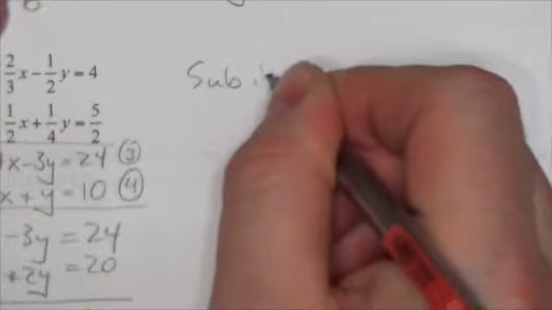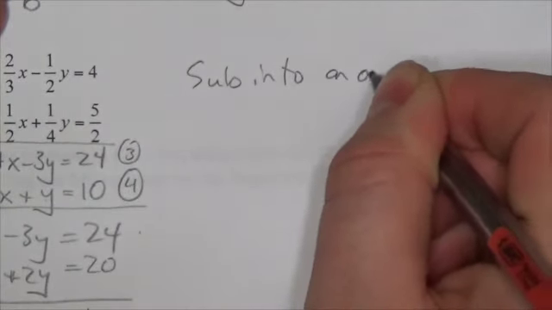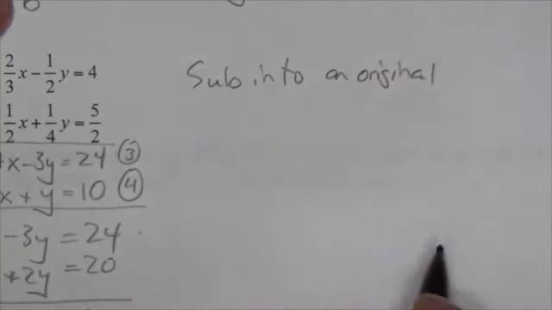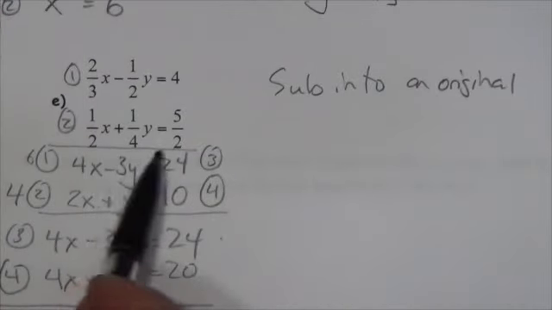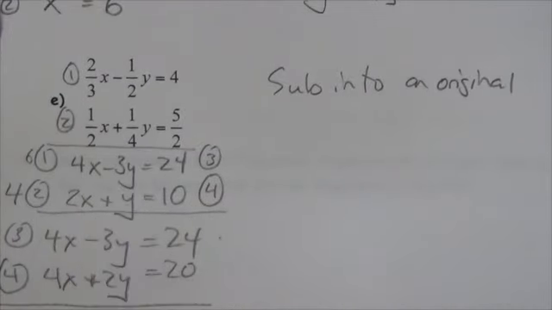So now we're going to go back up to here, and we're going to sub into an original. It doesn't really matter which one we plug that into, but I suspect because of the nice numbers here, the 2's and the 4's, people probably are going to want to go into equation 2.